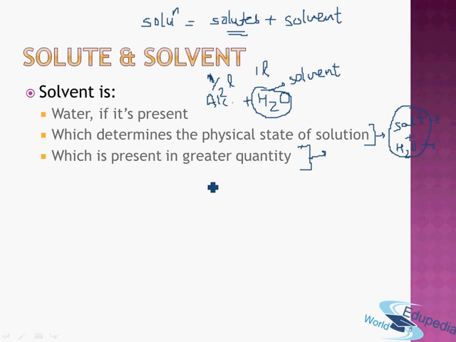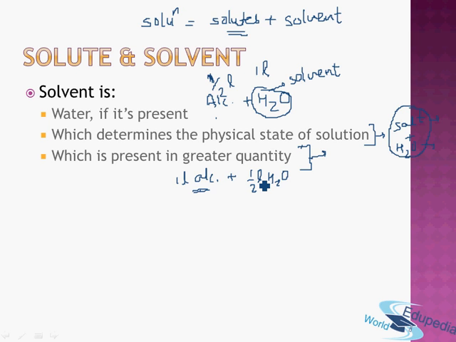But if the case is opposite, 1 liter of alcohol and only half a liter of water, then you might take alcohol as the solvent because it is present in greater quantity. Ultimately both are liquid, so both determine the physical state of the solution. You cannot say one determines the physical state and the other doesn't. So I can go by quantity, and since alcohol is in greater quantity, I can say alcohol is the solvent in this case and water is the solute. But again there is no fixed rule. It is your choice at the end.